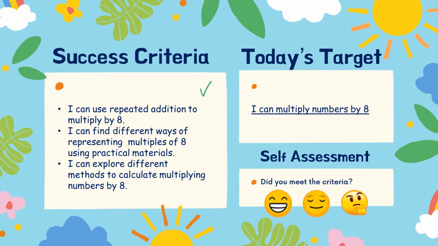Let's see how we have all got on with today's target, which was multiplying numbers by 8. Remember, you should now be able to use repeated addition to multiply by 8. We have also looked at different ways of representing multiples of 8 using practical materials such as cakes and counters, and explored different methods of calculating multiples or multiplying numbers by 8.